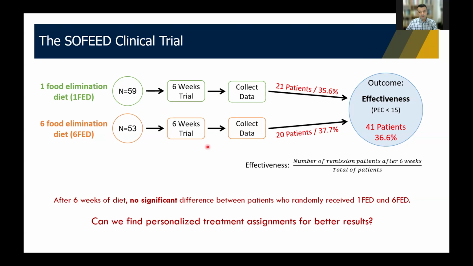Okay, so this is kind of disappointing. There's no significant difference between patients who got 1 fed and 6 fed. So we asked, can we use all the information that we have from the AI to maybe personalize the treatment based on the histology of the patients?